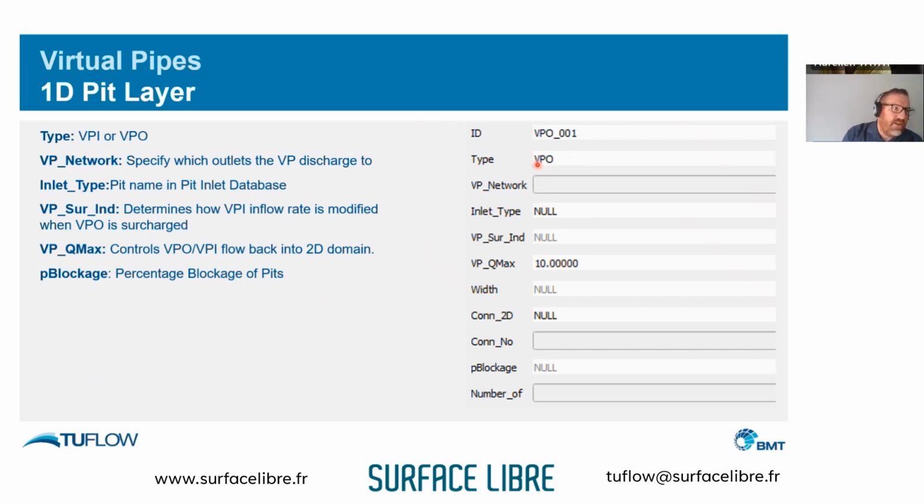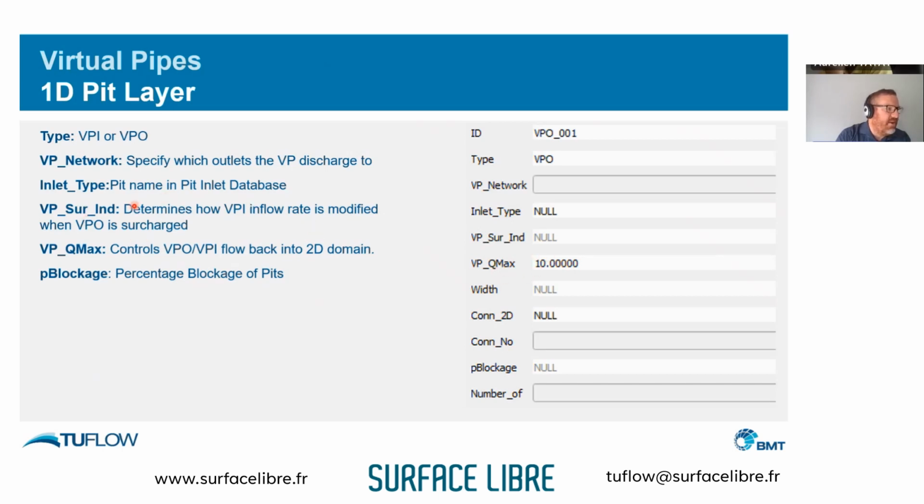And that can be connected within the 2D domain, or we can actually connect it to the 1D. And then just like a 1D network layer with a Q type, we can specify the inlet capture curve. We can specify the amount that goes back into the 2D domain, that virtual pipe outlet amount.